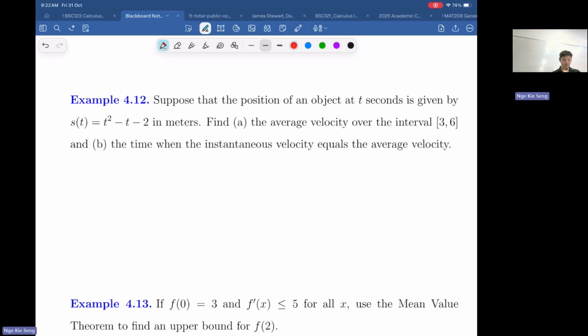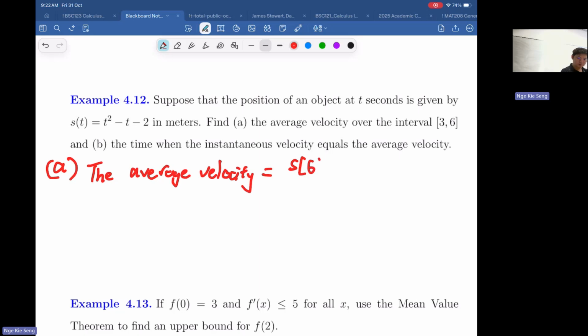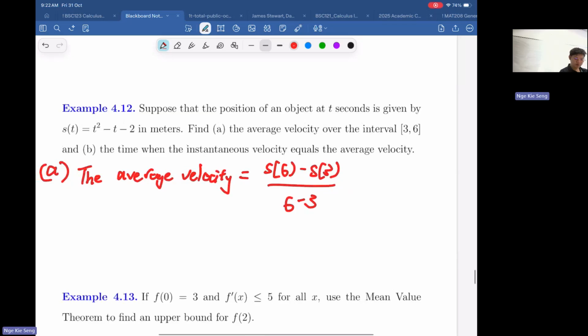So let's do it one by one. What's your average velocity here? You just take your endpoints, take their difference divided by the total time, and you should get something like 32.